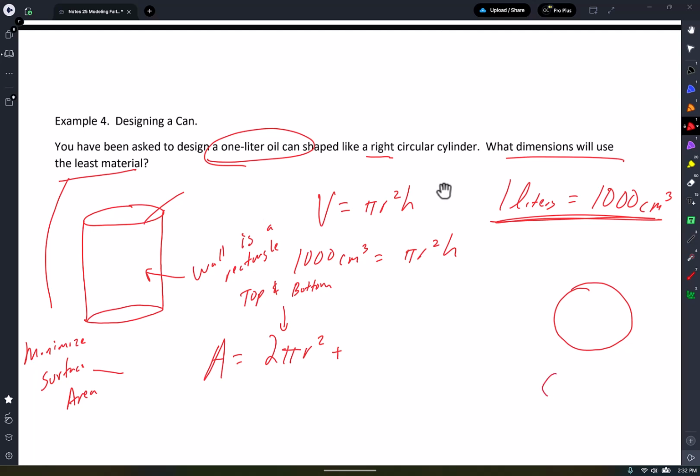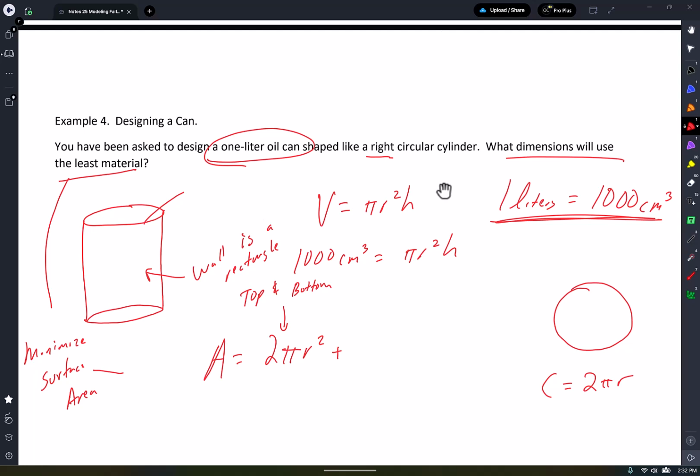Circumference. How do I find circumference of a circle? Radius 2r. You're close. You're so close. No. Oh, okay. 2 pi r.